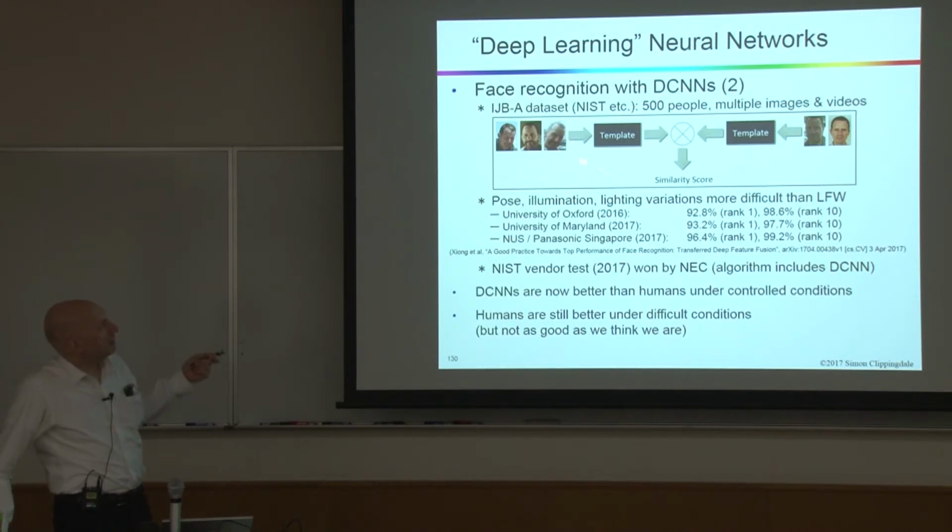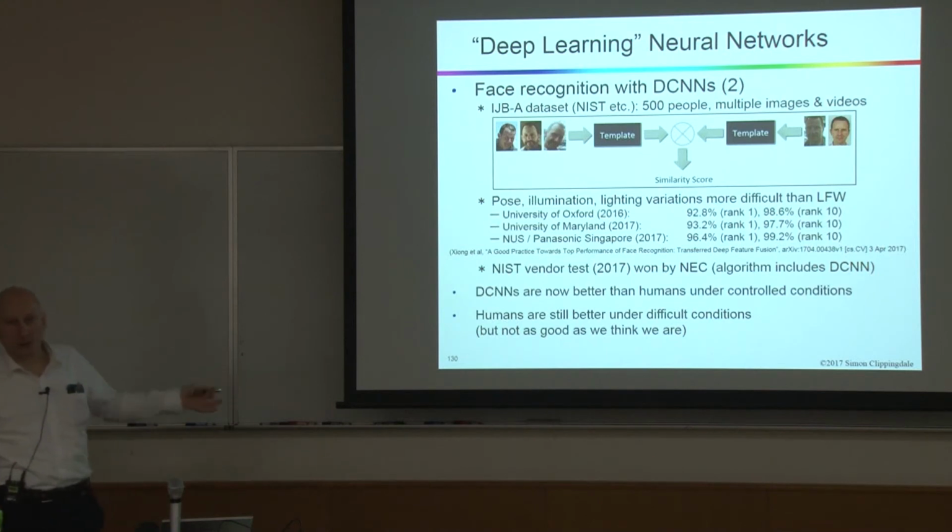They require this kind of architecture where you build a template of some description from all the training images of the same person, build another template from this person, and compute similarity scores. That's the way they've decided to run their contest. So the pose and illumination and lighting variations are more difficult than the old Labeled Faces in the Wild set.